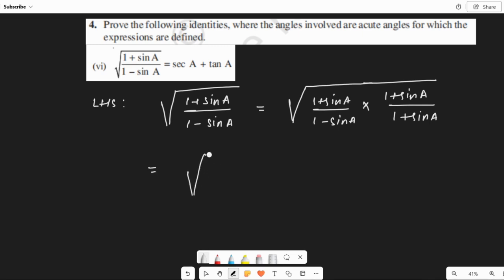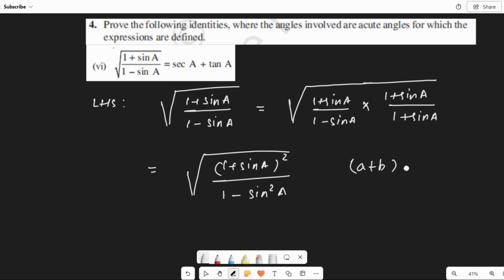So this becomes (1 + sin A)(1 + sin A), which is (1 + sin A) whole squared, and here we have (1 − sin A)(1 + sin A), that is 1 − sin²A, because (a + b)(a − b) is a² − b².